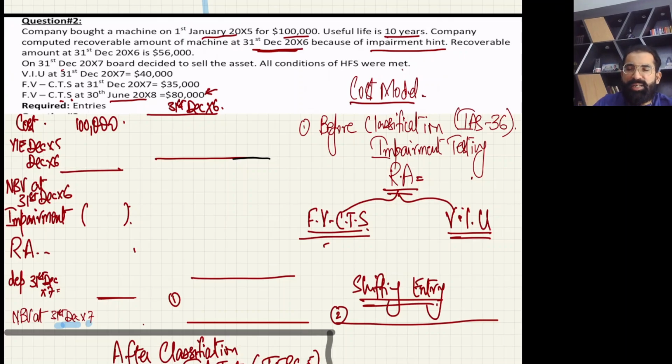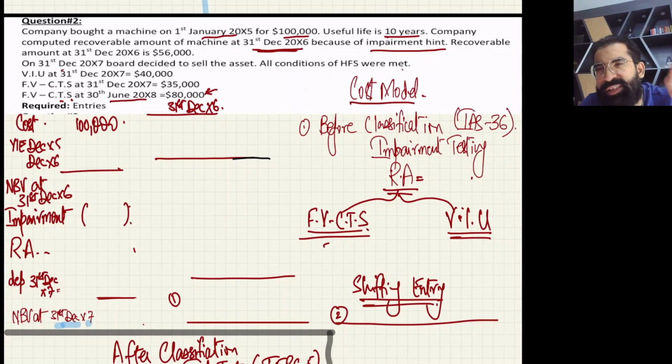Okay. The company computed the recoverable amount of the machine at 31st December X6. Now, very good question. Listen, there is no held for sale right now, just a normal life.